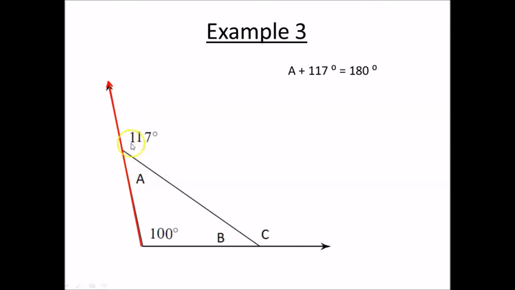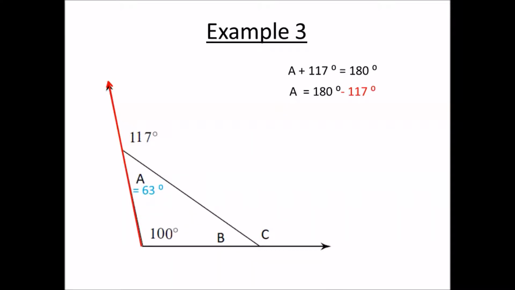So I set up my equation as A plus the 117 is equal to 180 degrees, similar to what we did the day before. So we're going to find our angle A. We're going to bring the 117 over to the other side by subtracting 117. And so angle A is equal to 63 degrees.